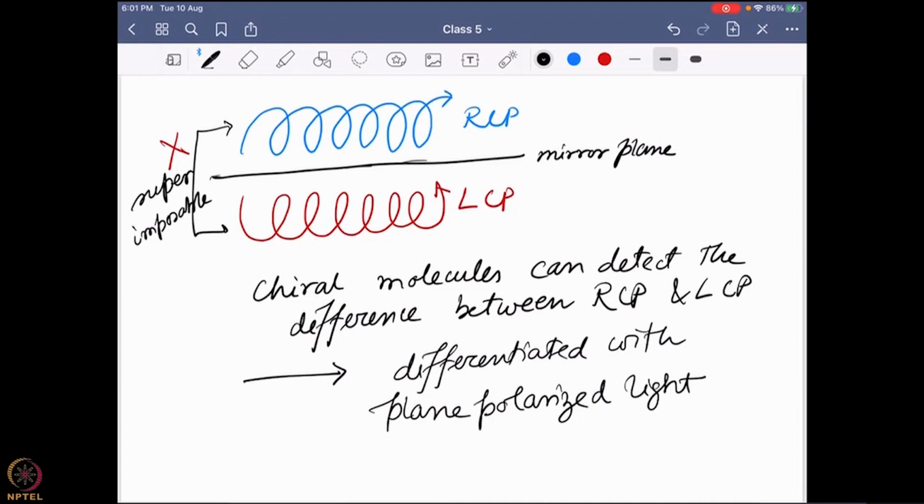So when we talk about a plane polarized light, it is actually having some chiral nature.